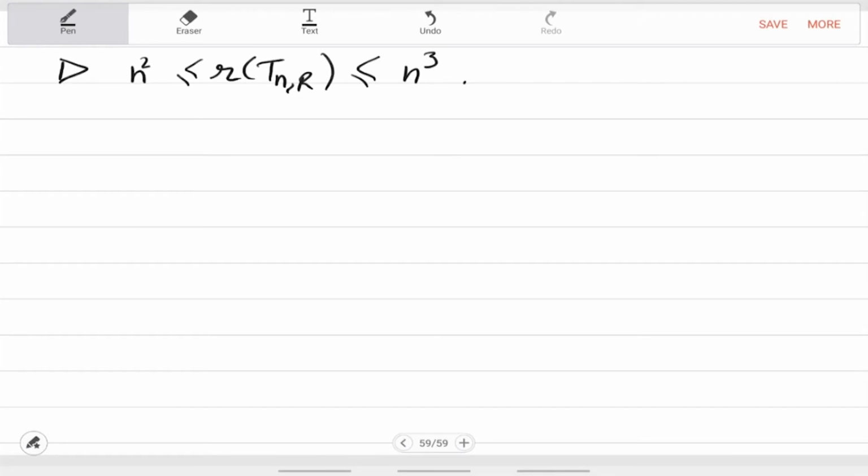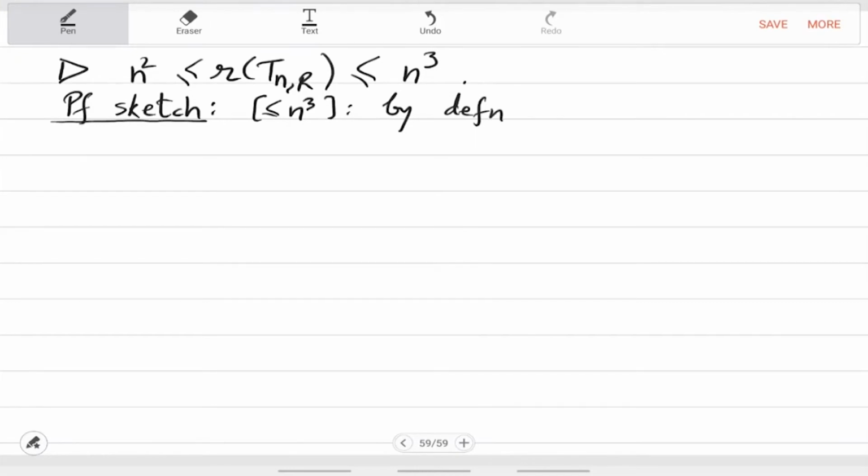So how will you show that? Less than or equal to n cube is simply by definition of rank.